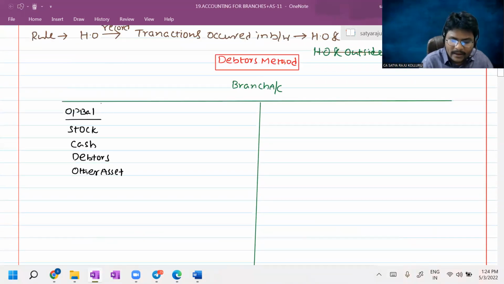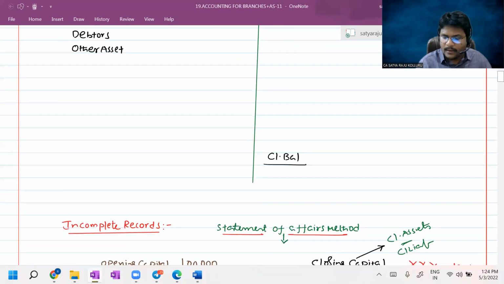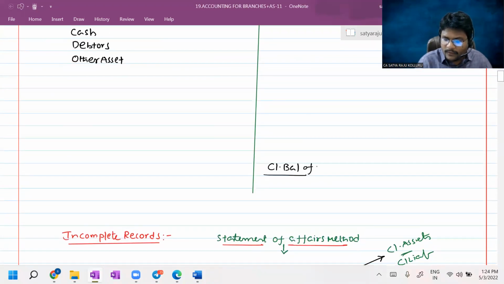All these are opening balance of assets. This is closing balance of assets as well. What are such assets? Stock, cash, debtors, any other asset, as you wish.